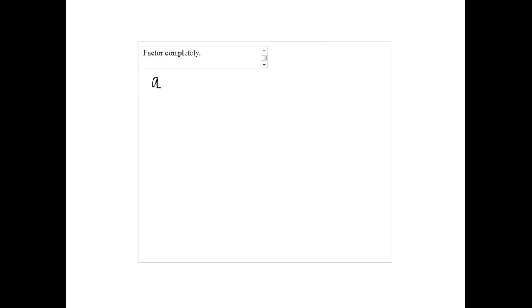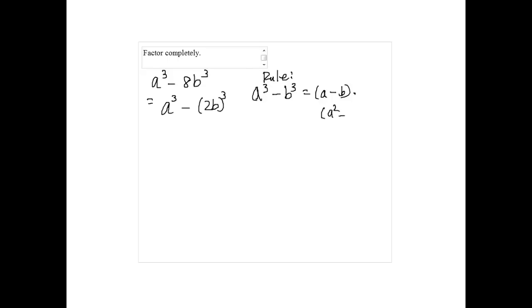Factor completely. a cubed minus 8b cubed. Notice that 8b cubed is written as 2b to the third power. The formula says a cubed minus b cubed equals a minus b times a squared plus ab plus b squared.